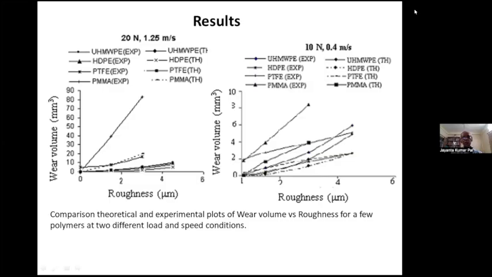PMA at low speed seems to be out of the way, and HDP at relatively high load seems to be out of the way.